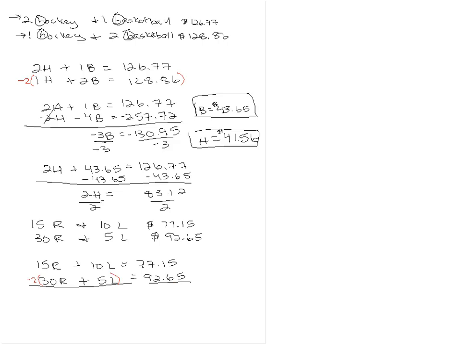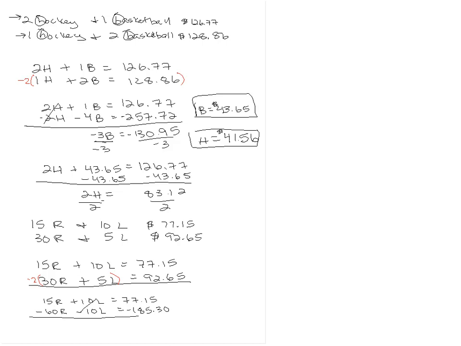So the first one stays the same. 15R plus 10L equals $77.15. But this one becomes -60R minus 10L equals $92.65 times -2, which is -185.30. Okay, that's gone.